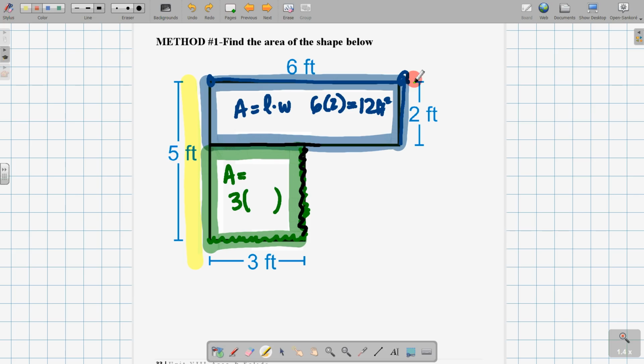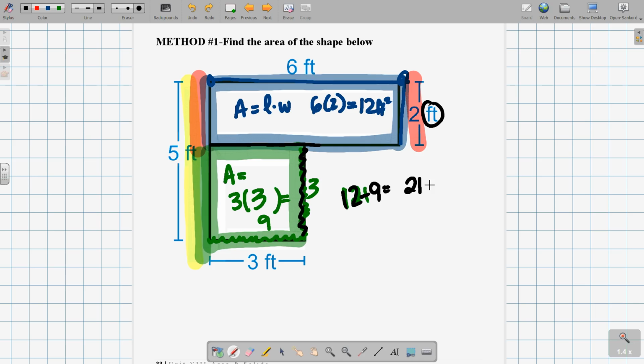And then right here, this is 2, which means what's left, the width, is 3. That's why you physically trace stuff. Don't let your eyeballs do the work there. That's 9. So my composite area is going to be 12 plus 9, 21 feet squared.